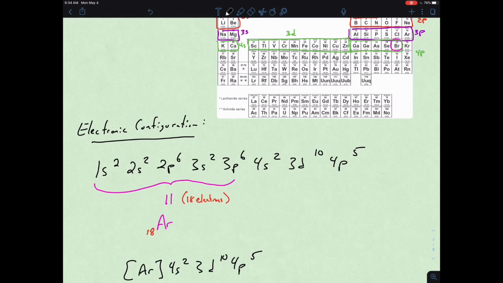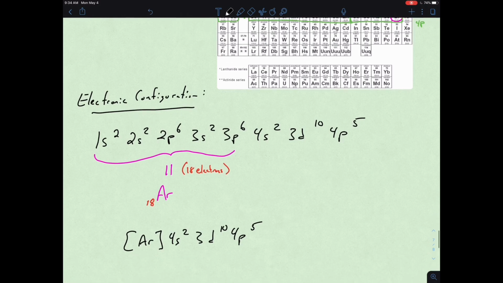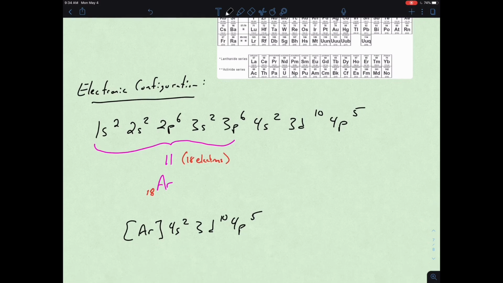So bromine has all of those shells and electrons, and now here's what we have extra on top of that. And so this is our noble gas shorthand. So that's how we can simplify it a little bit.